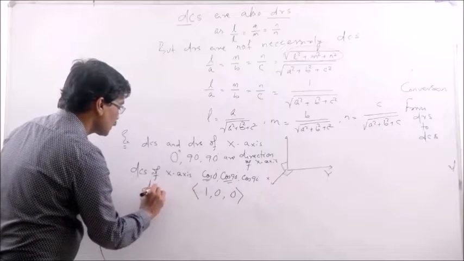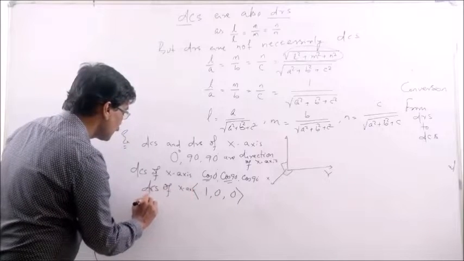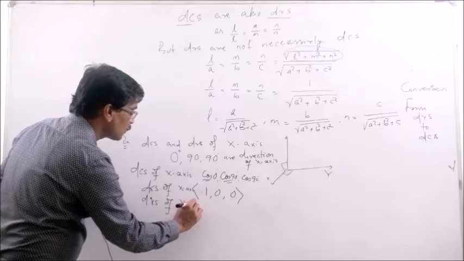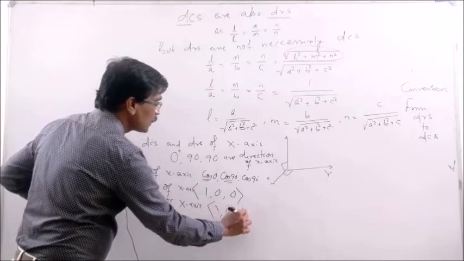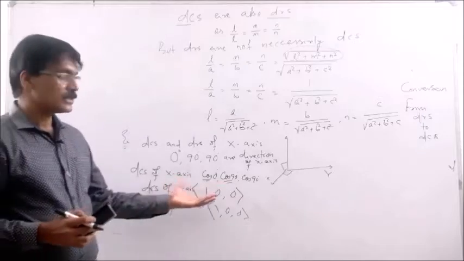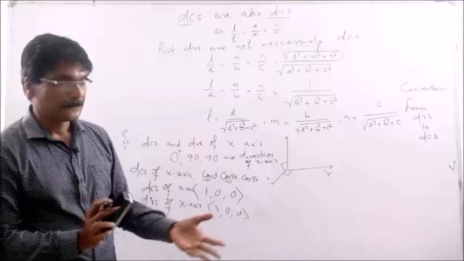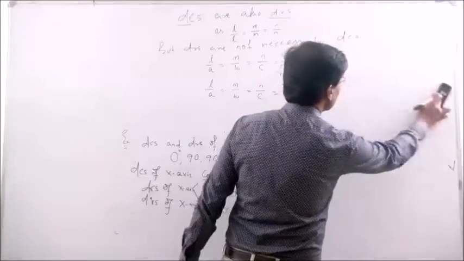So, this is the direction cosines of the x axis. Similarly, as direction cosines are direction ratios, direction ratios of the x axis are also 1, 0, 0. So, for the y axis it is 0, 1, 0, and for the z axis it is 0, 0, 1. So, direction cosines are also direction ratios.